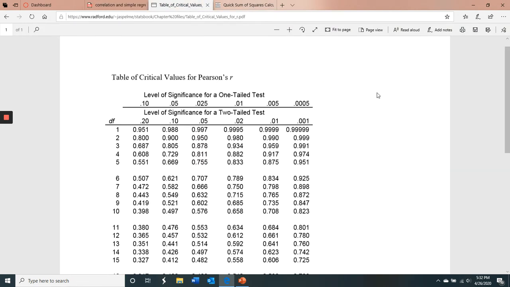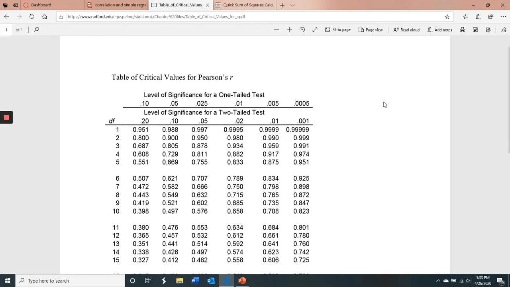Here, remember that we're going to do a one-tailed test. We're going to stick with one-tailed test. So on the one-tailed test line, we want the 0.05, that's our alpha. So we're going to stick into this column that follows down here. And these are the degrees of freedom. Unlike the ANOVA, there's just one degrees of freedom here.